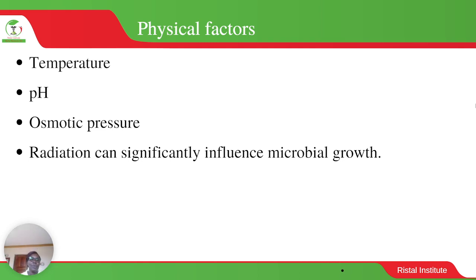We have the following phases. The first phase is known as the lag phase. The second is known as the log phase. The third is known as the stationary phase. The last one is known as the death phase.